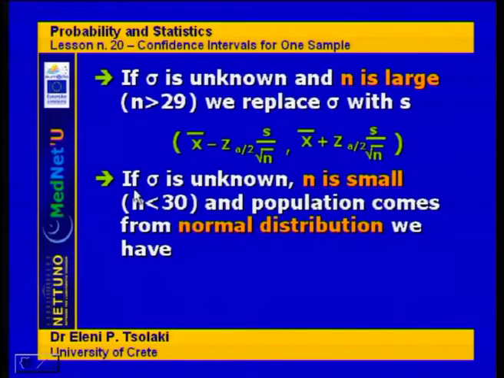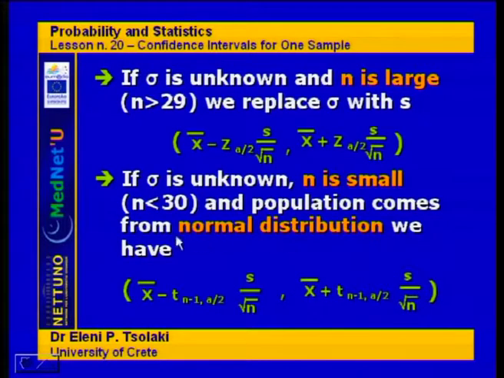In the case that the standard deviation is unknown, but n is small, that means it is less than 30, then only if we have the information that the population comes from a normal distribution, we can calculate the confidence interval for the mean from this formula here.